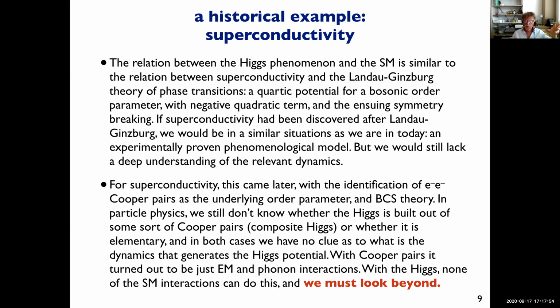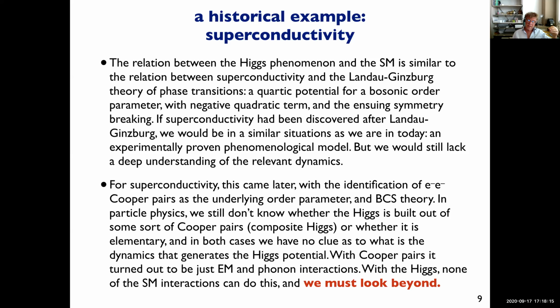With the standard model, we don't have a framework in which we can calculate and show that the Higgs potential is a fundamental quantity. If we want to understand the origin of the Higgs potential, we have to go beyond the standard model. The standard model cannot explain that.